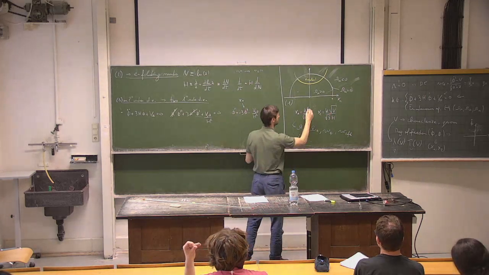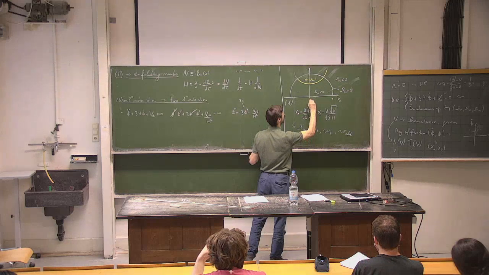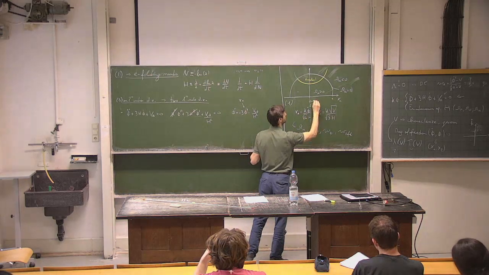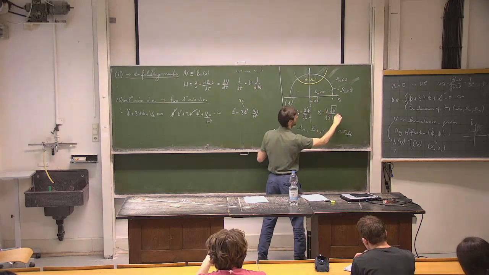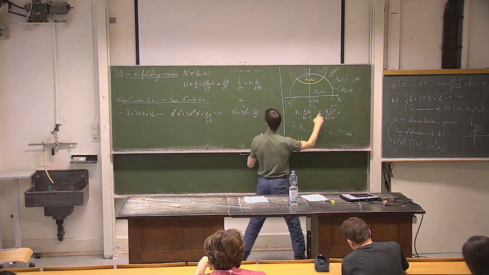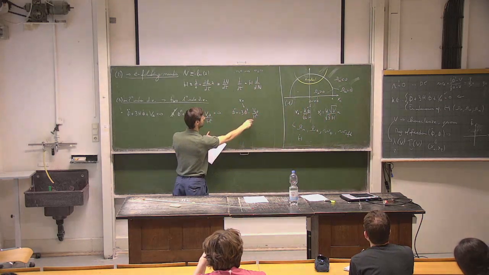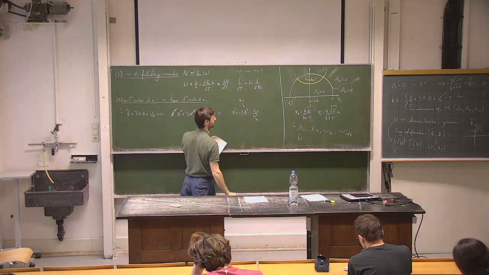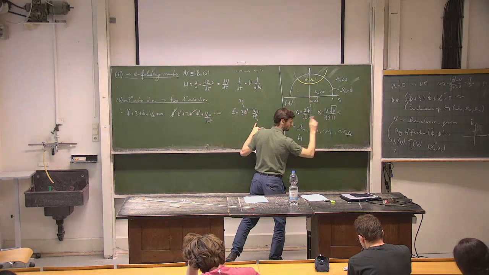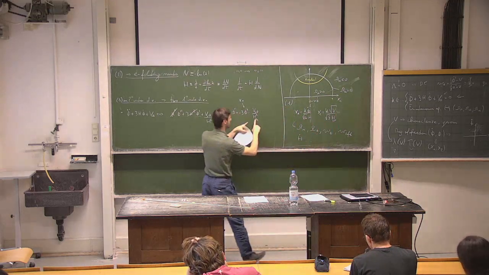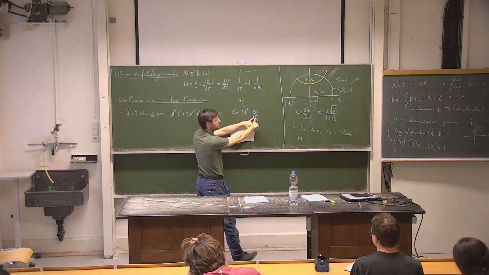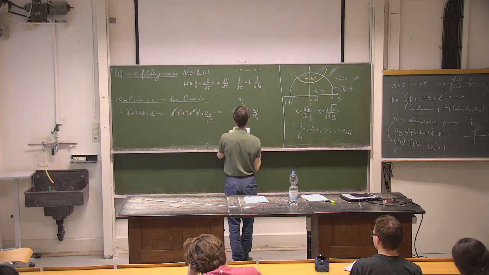So phi dot is going to be equal to H phi prime. We take the H from here, and we plug it in here. So there was an expression with respect to x2.